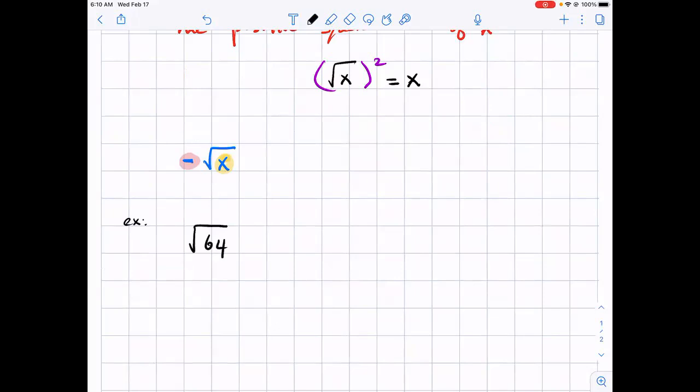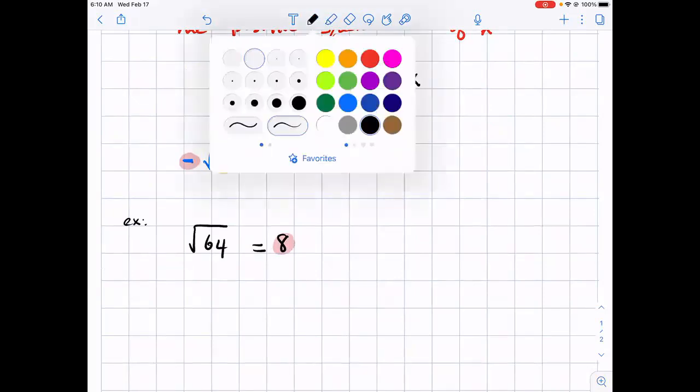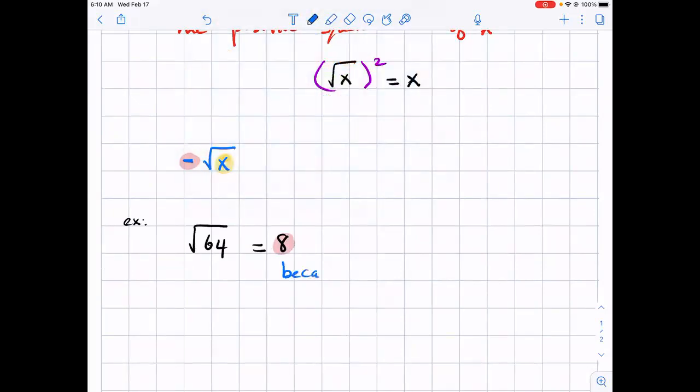This would be 8, because if you take 8, which is a positive number, and you square it, that is, 8 squared, that is equal to 64.